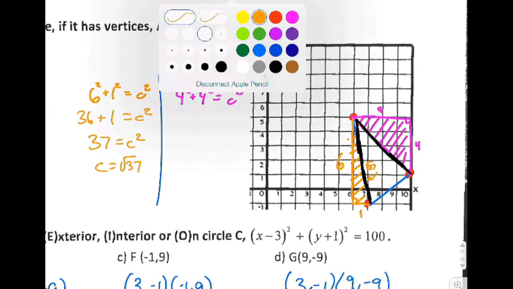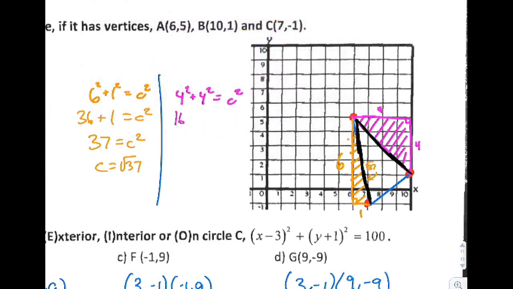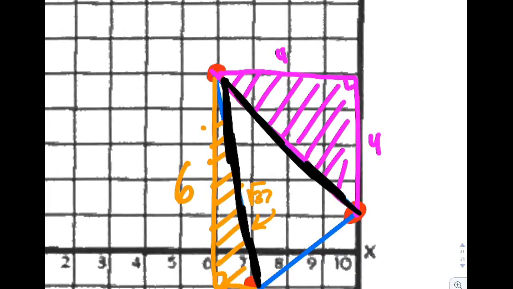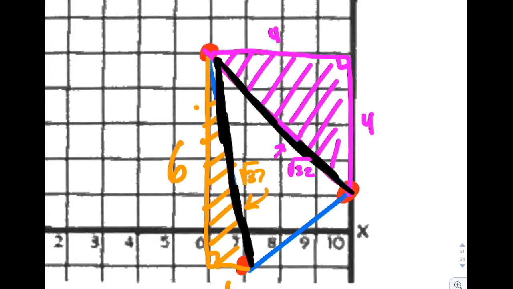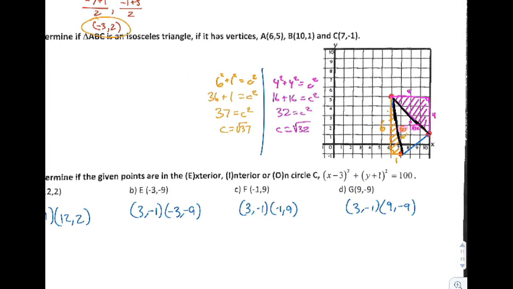And if I do the pink one, you have 4 squared and 4 squared, and that's going to be 32. So C would be radical 32 on this side. You don't even have to figure out what square root of 37 and square root of 32 are, because 37 is obviously bigger than 32, whether you square root them or not. So those 2 are different than each other. Regardless of what they are, they are not the same, which means they are not isosceles.